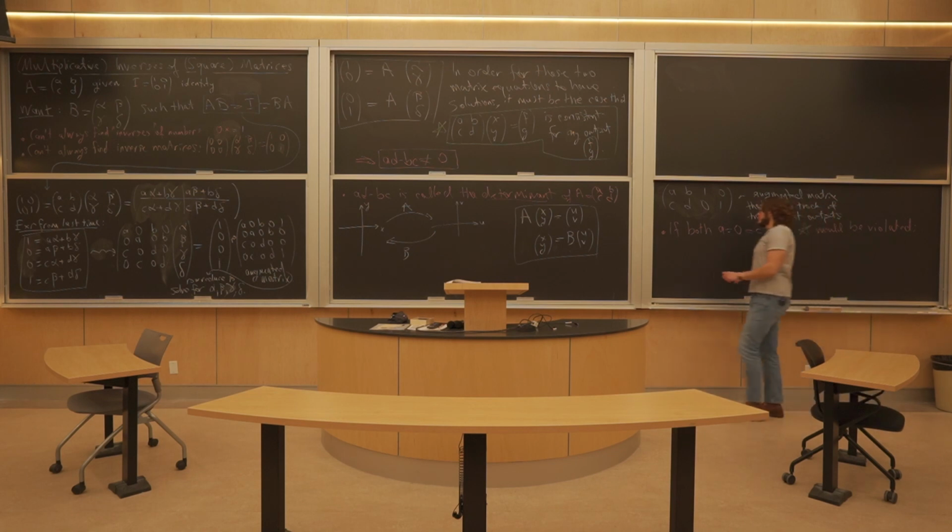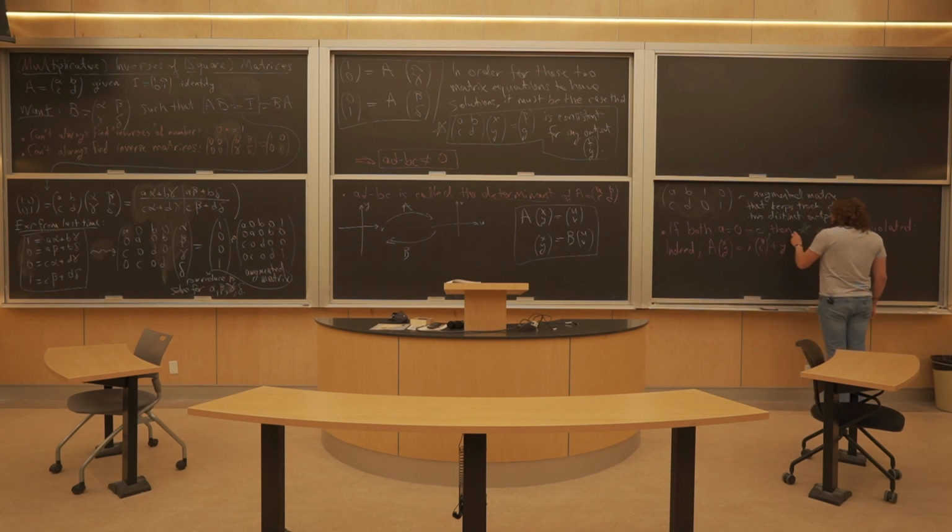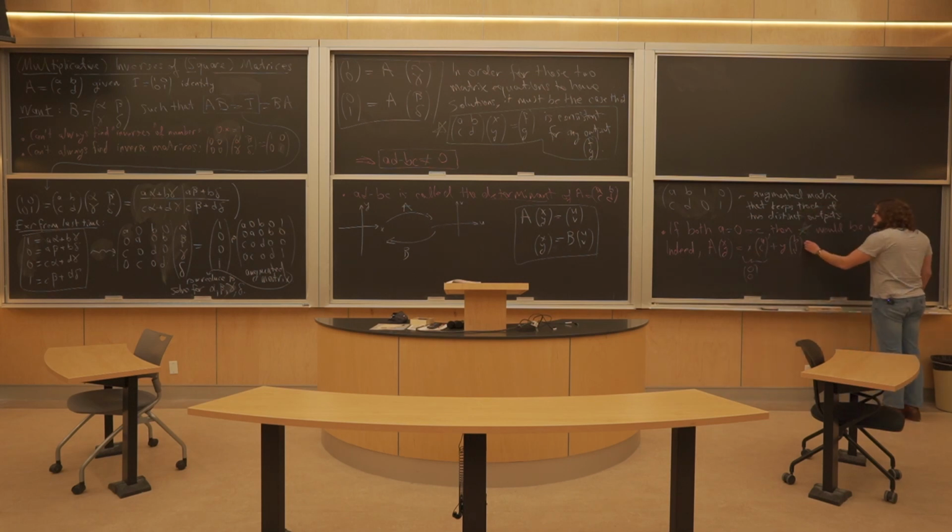Indeed, A times (x, y) is x times (A, C) plus y times (B, D). But if both of these are 0, then this is 0, which means that this linear combination really is just the span of one vector.